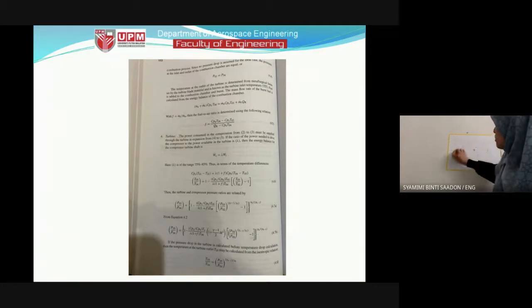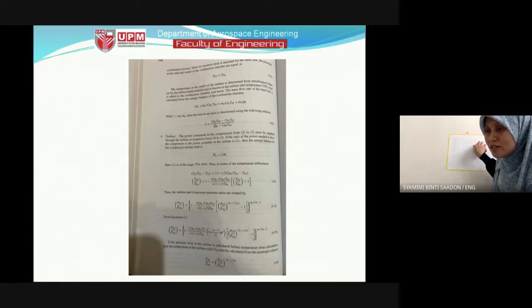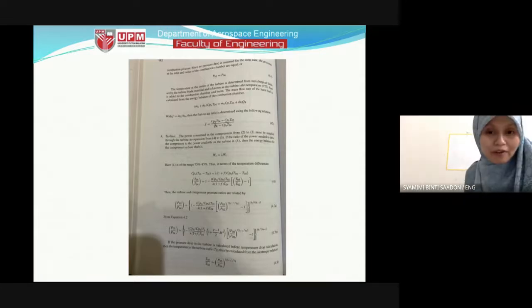Point 5, because point 4 is completed. We know the total pressure at 4 is the same as pressure 3, and T total 4 is the TIT, the turbine inlet temperature. So now we proceed with point 5.